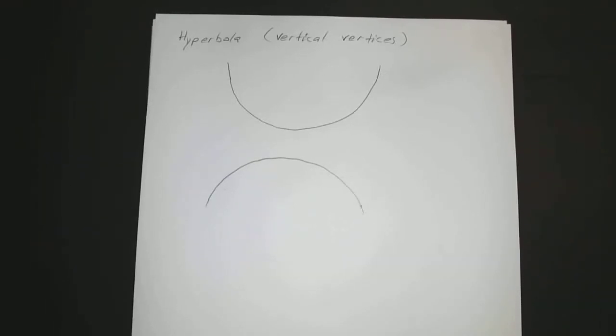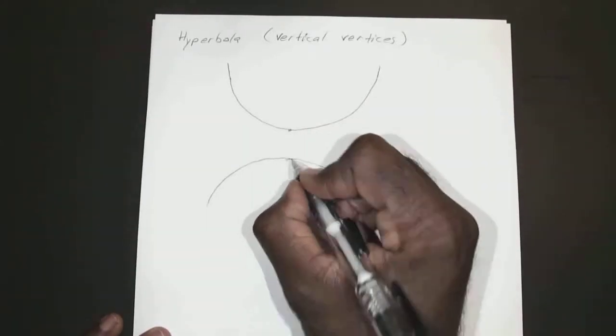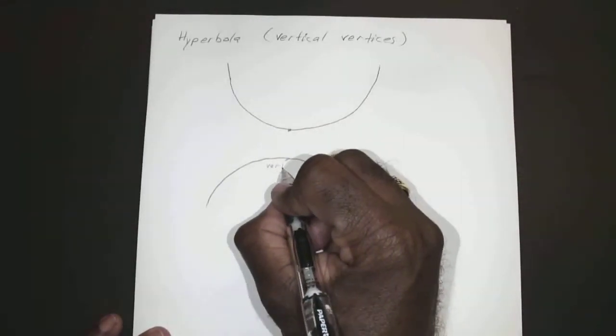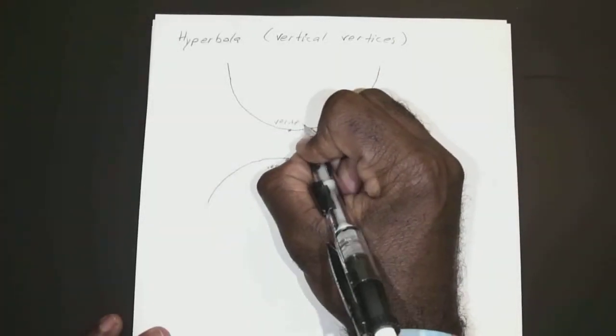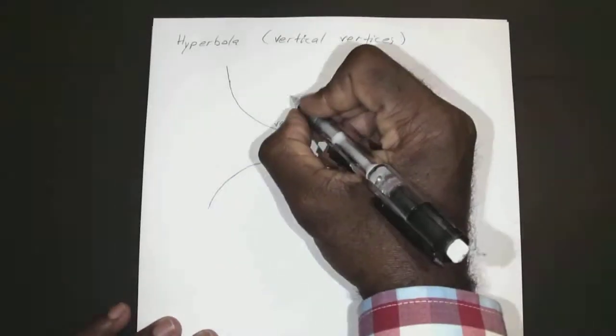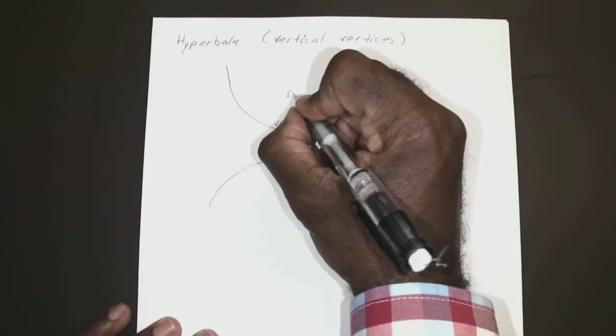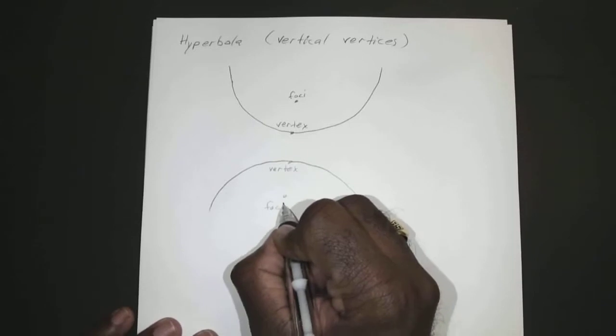Okay. And just like before, you have your two vertices. So you have a vertex here and you have a vertex here. And just like with the regular parabola, you have a focus point here and you have a focus point there.